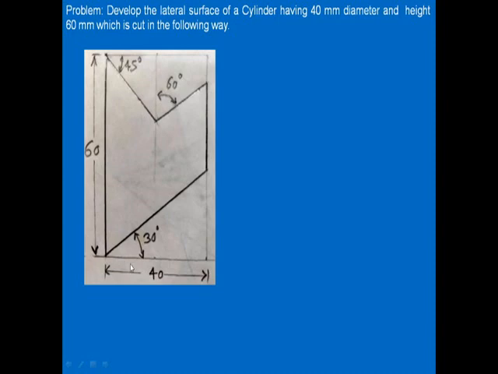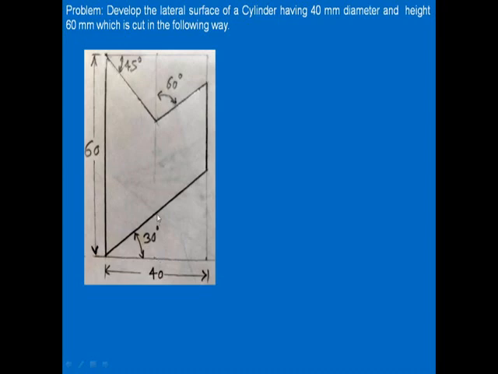Now along with that, some other values are also given, the angles are given, plus you can see some darkened lines are drawn. So what these indicate are cutting planes. If you look closely, there are three cutting planes.